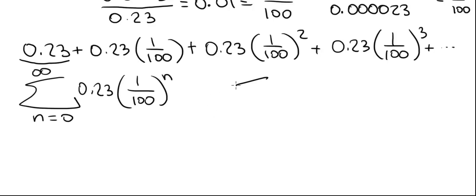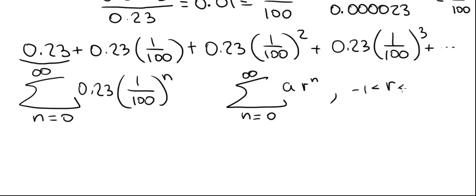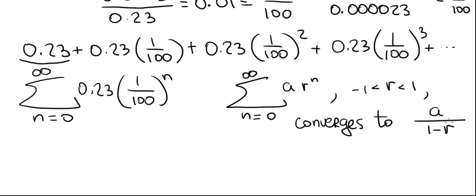Now, in standard form, a geometric series looks like this: sum from 0 to infinity of a times r to the n, and when r is strictly between -1 and 1, this geometric series is going to converge. So it converges to a divided by 1 minus r. Remember, that's only true if r is between -1 and 1.